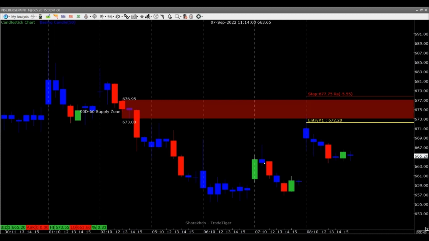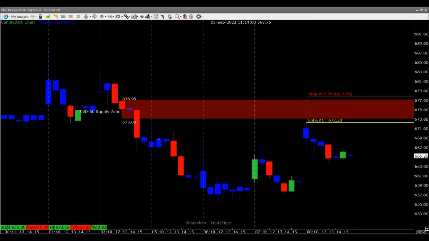It is Berger Paint. It is a short trade. So you can see the supply zone right here. I had actually placed my sell order quite early in the morning. I usually place my order before 9 in the after hour session. So before 9, around 8:30, I'll place my order. So 672.2 was my entry price.